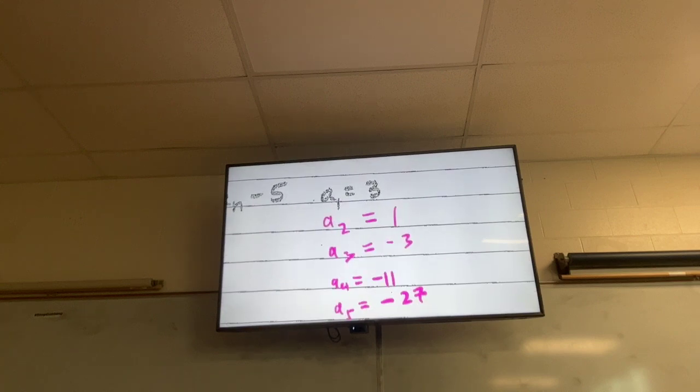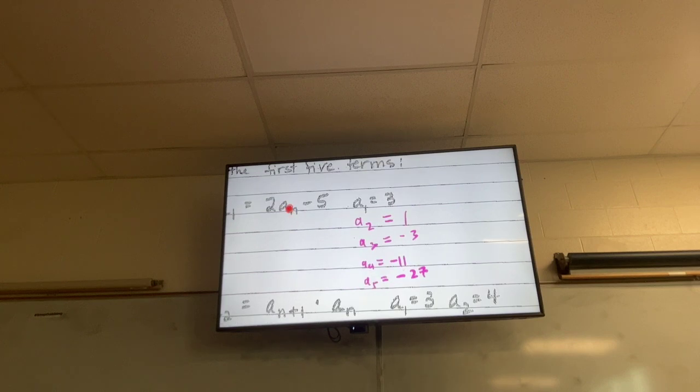I first start by plugging in 3. I plug 3 into this formula right here, and then I plug in a 1, and then I plug in the next one, whichever one I got. So I'm just going down the list.